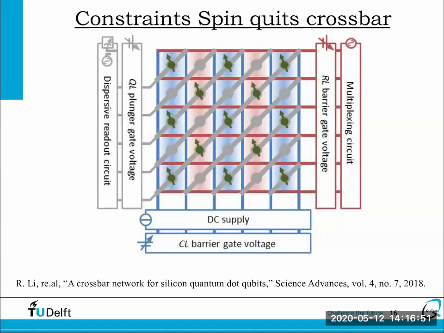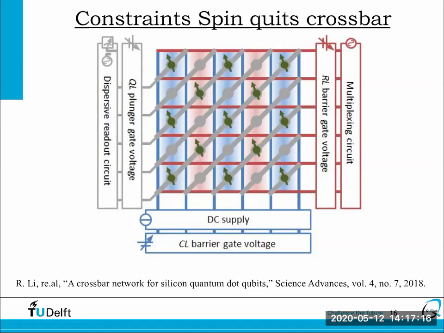In this kind of device, for instance, when you want to apply a single qubit gate, you can only do it on all qubits in the blue columns, or on all qubits in the red columns. And of course, you have to come up with a strategy for doing a single qubit gate on a single qubit, and that also comes with limitations in terms of parallelism of operations. Okay.